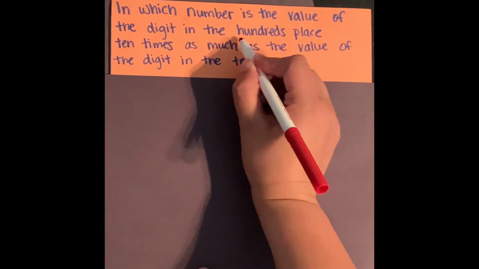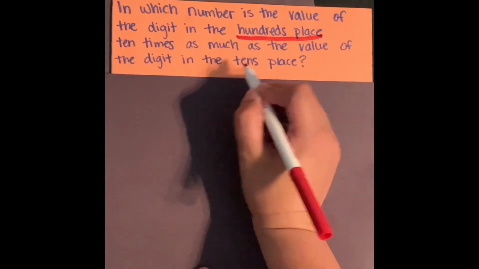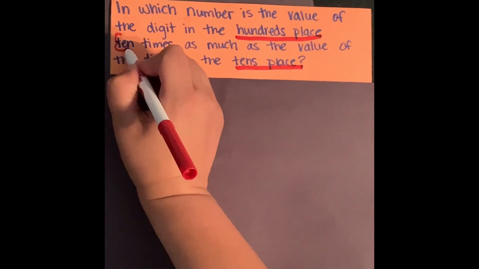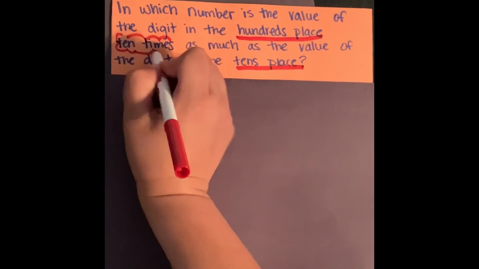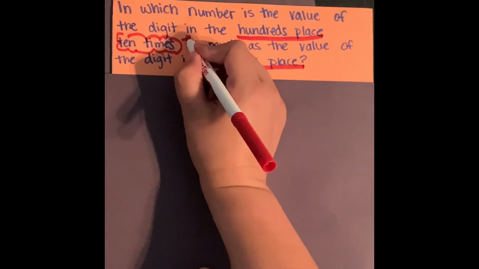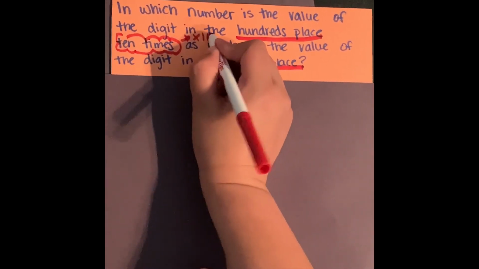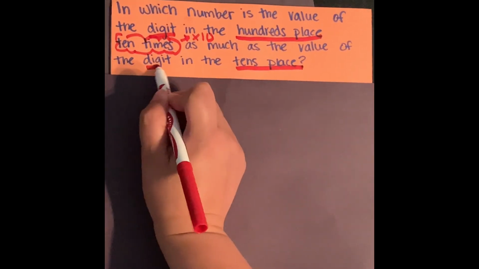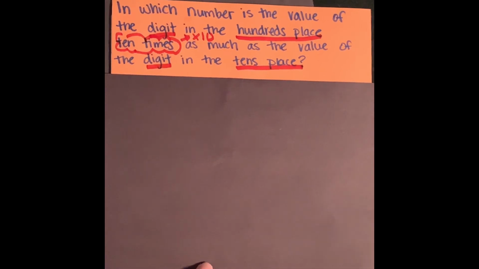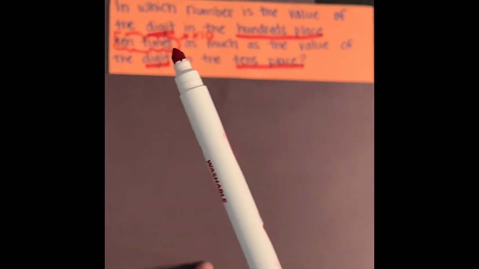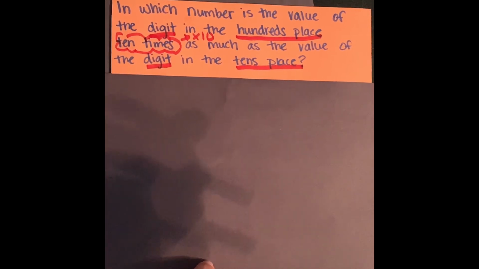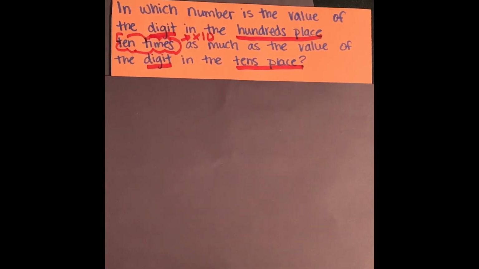It says the hundreds place, the tens place, 10 times. I'm going to make a little note here, times 10. It also says the digit, meaning that the digit is the same. What changes is the value. So now let's look at our answer choices.